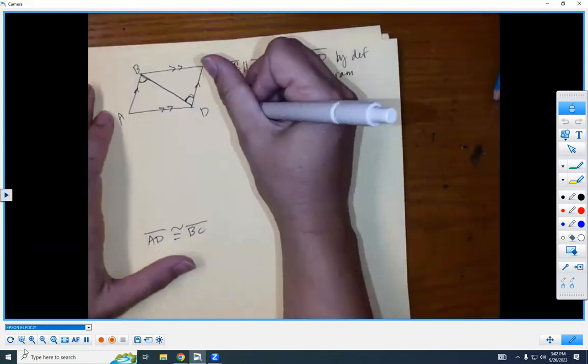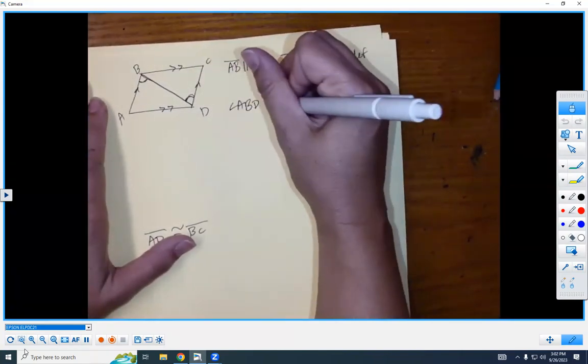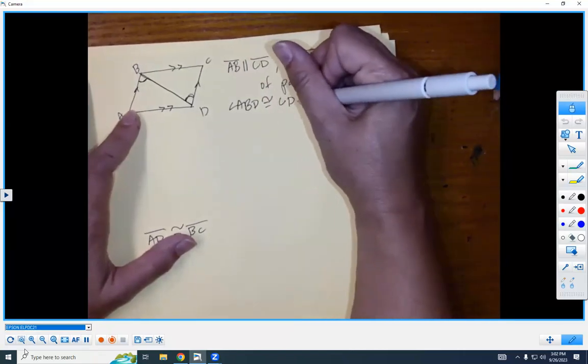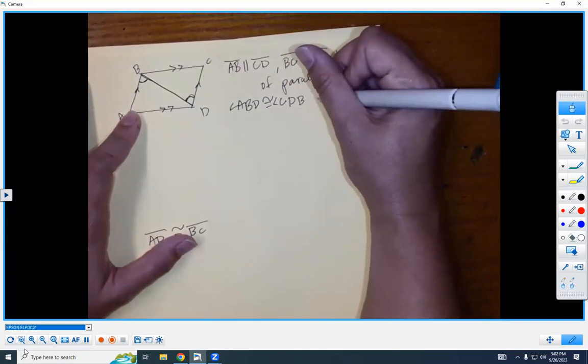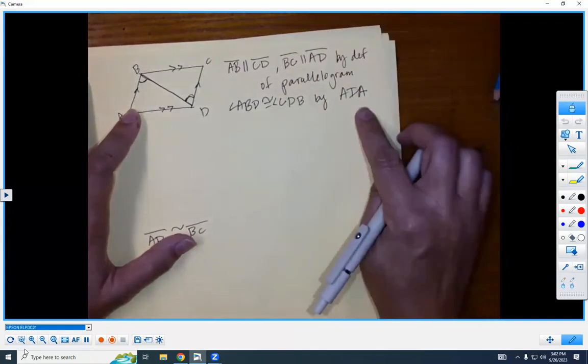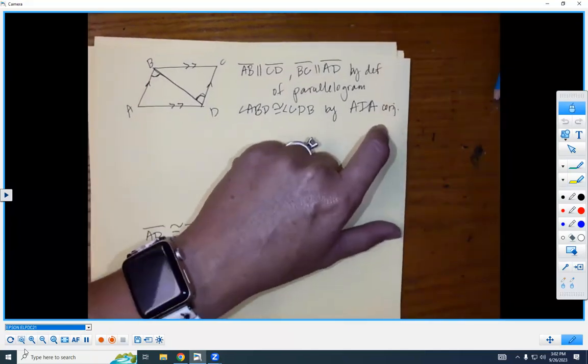And then now I can say angle ABD is congruent to angle CDB by alternate interior angles conjecture. We usually abbreviate that one, AIA.